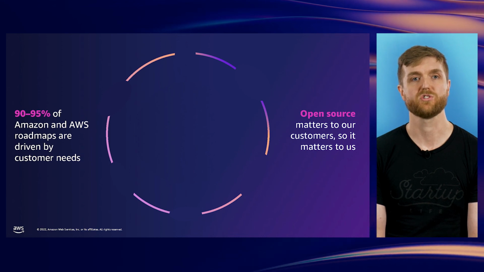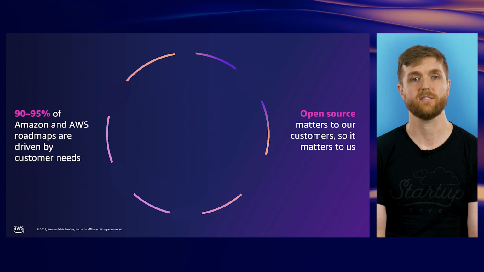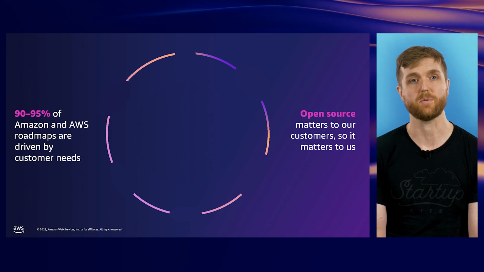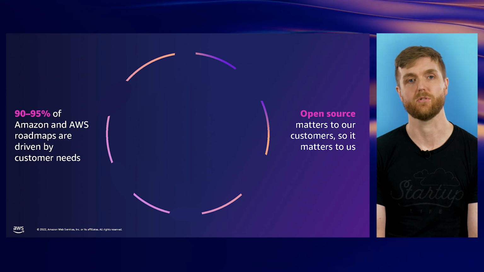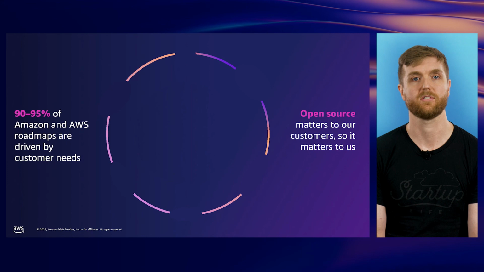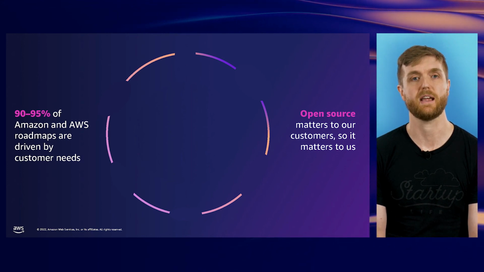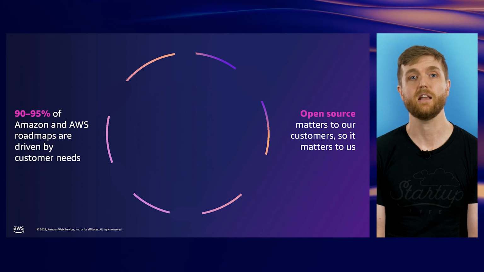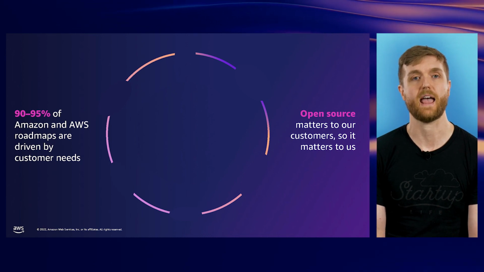Web3 is built on blockchain technology. Blockchain technology is designed to be trustless and able to be run by anybody, which naturally means that blockchain software is open source. Amazon is relentlessly customer focused, with 90 to 95% of our roadmap driven by customer needs. In blockchain, open source matters to customers, so it matters to AWS.